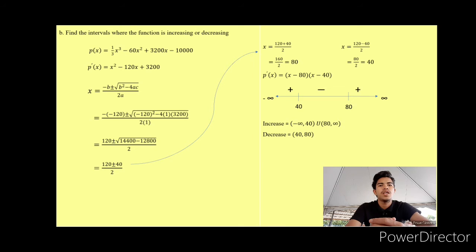Above 80, we get a positive value. For the intervals when the function is increasing, we get negative infinity to 40 union 80 to infinity. For the intervals where the function is decreasing, we get 40 to 80.